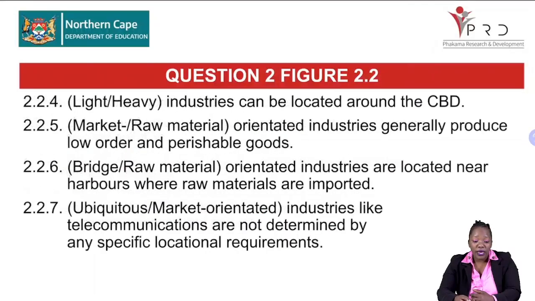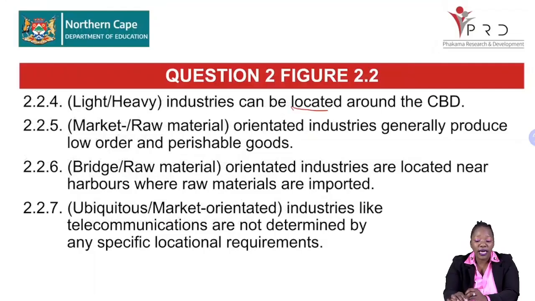Hoping that we are done. So let us look at your question 2.2.4 to 2.2.7. Light or heavy industries can be located around the CBD. So we are looking at the industries that can be located around the CBD. Remember, it is important to know the industry as well as its characteristics.